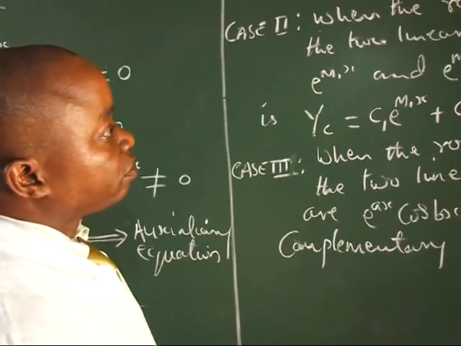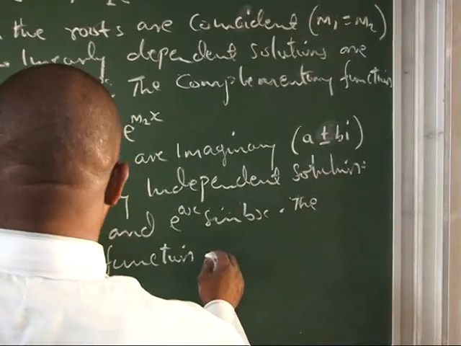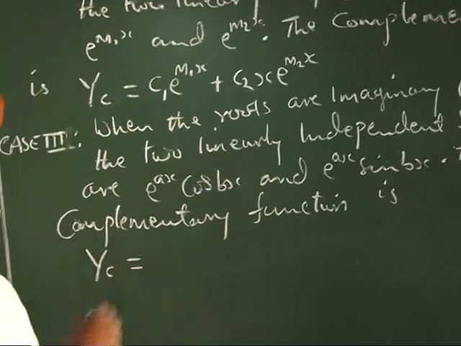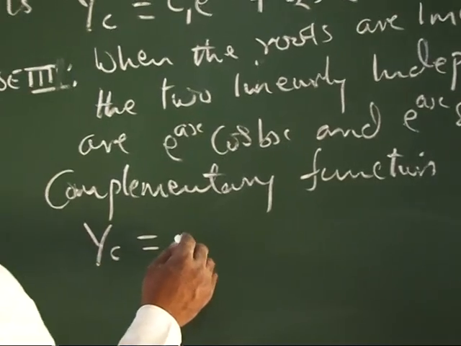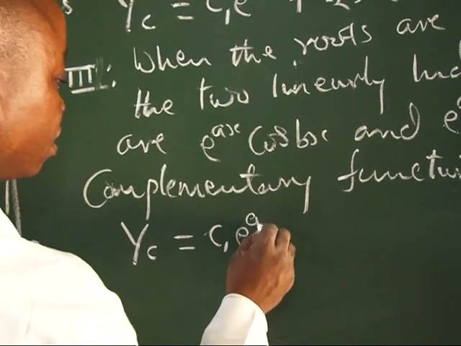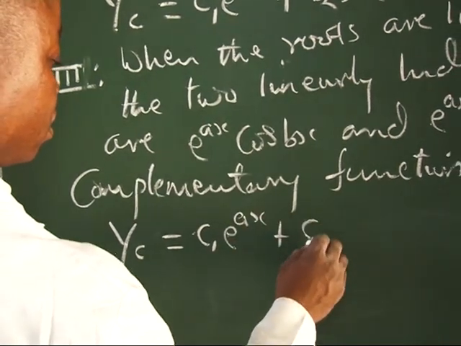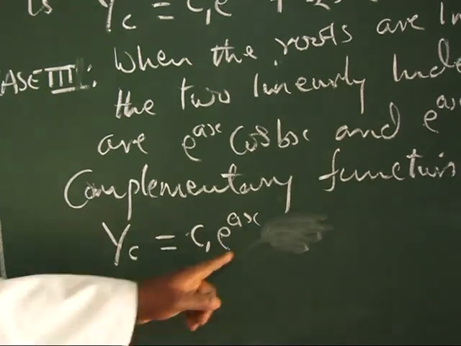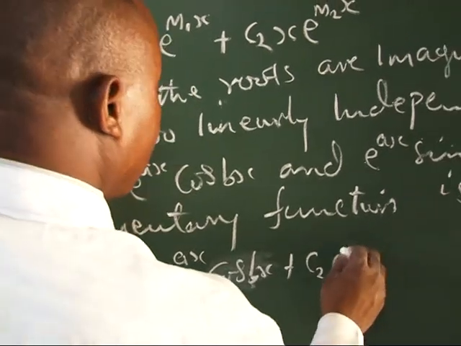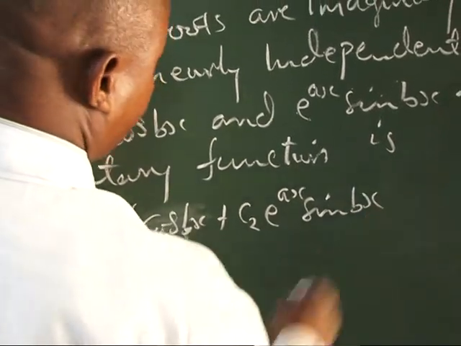So the general solution will be given as yc is equal to C1 exponential ax cos bx plus C2 exponential ax sin bx.